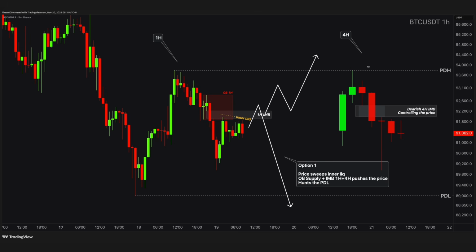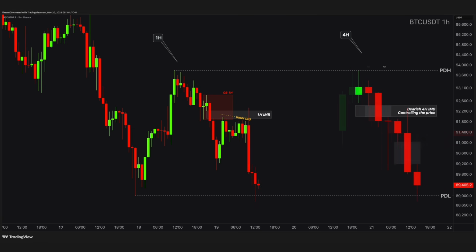Our second option is that the imbalance and order block fail, flip back into a support and resistance flip zone, and price goes after a new target like the previous day's high. As you can see, we created two clear options here. So I am expecting option 1 to play out. And if that fails, then I will look for option 2.